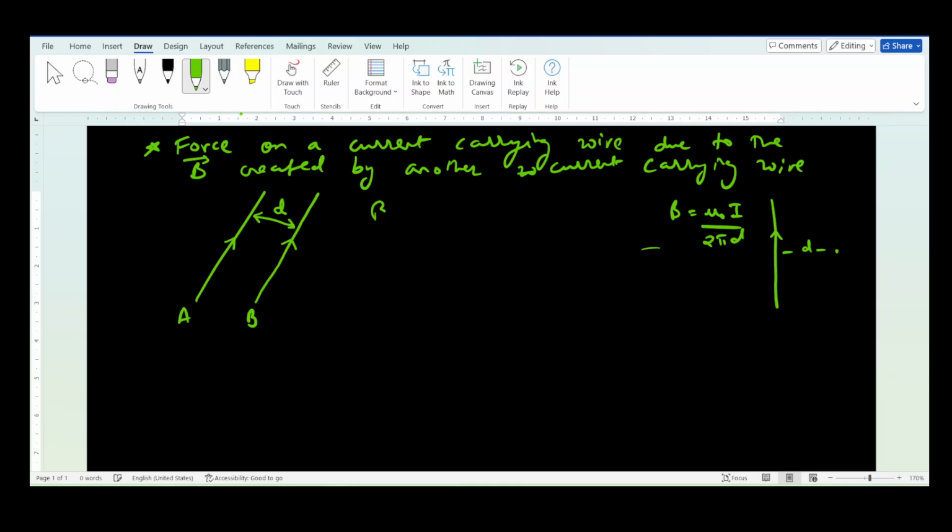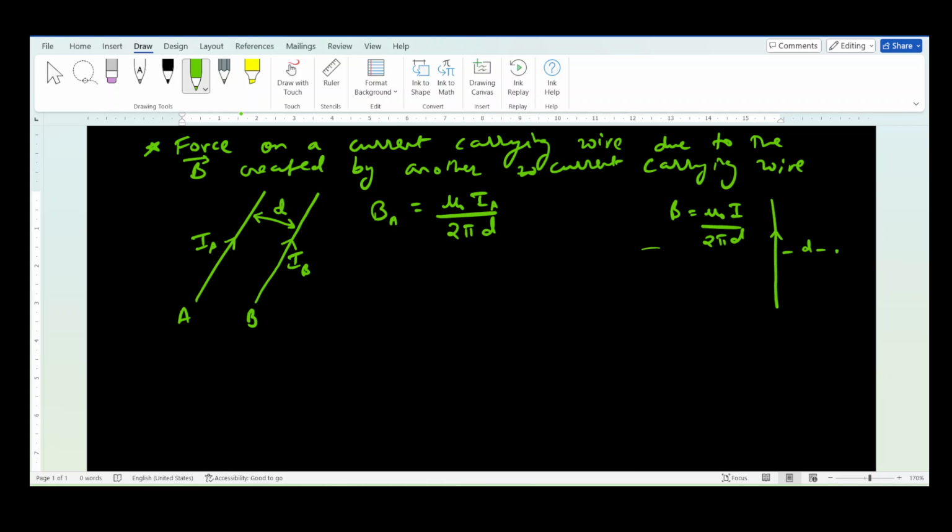So the magnetic field due to wire A is equal to mu naught I whole divided by 2 pi d. Let me call this as IA. This is IA and this is d. So now what will be the force the wire B will experience?